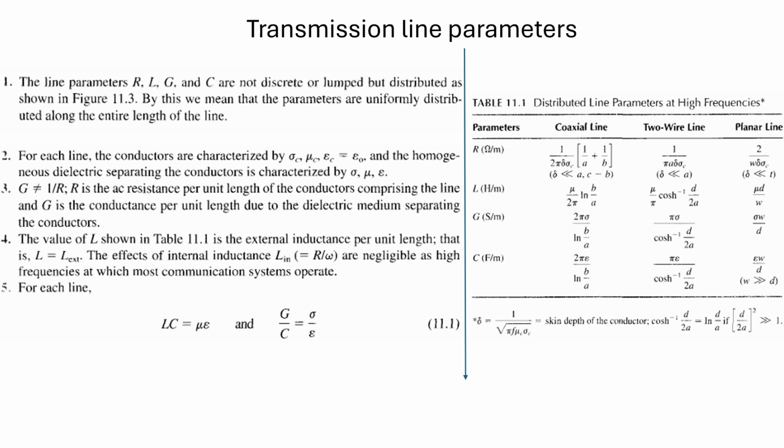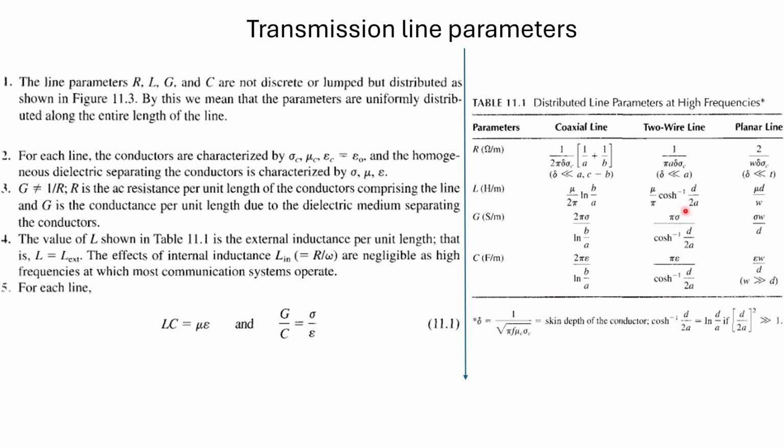Also there are different types of transmission lines. Here are examples like the coaxial line, then the two wire line, and then the planar line. For these different examples, if you want to draw the equivalent circuit for a coaxial line, the resistance will be like this, the inductance will be this, and the conductance and capacitance similarly.